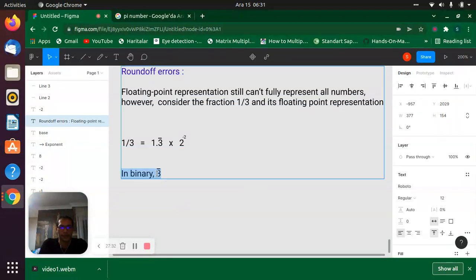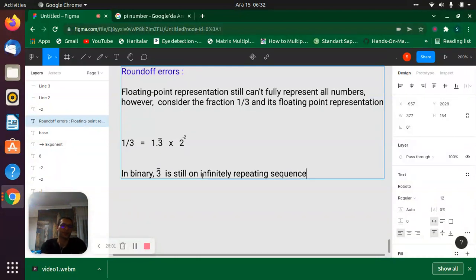Yes, in binary 3, but this is still an infinitely repeating sequence. Yes, we know that, right?